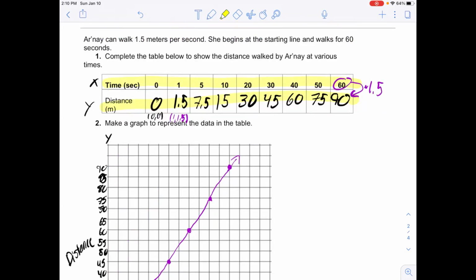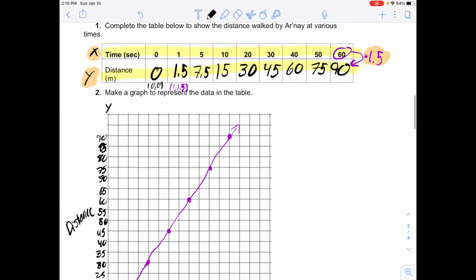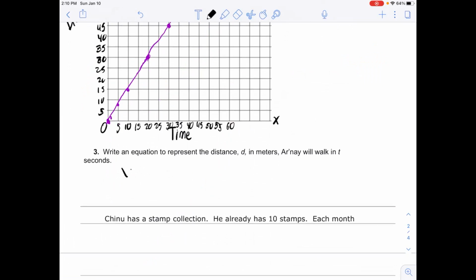So my formula, my equation here, is that x times 1.5 equals y. So that is my equation. Again, all I did is I looked at my table and said, what did I do to each of the x's to get each of the y's? To get each y, I did 1.5 times each x.